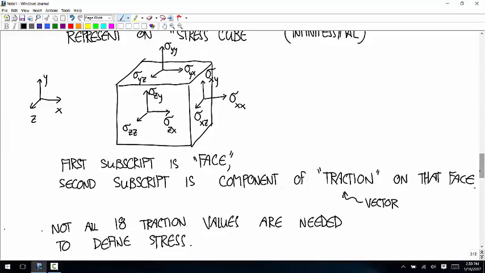To keep this thing from spinning, this value has to be equal to this value, and this value has to be equal to this value, and this value has to be equal to this value. If that was not the case, then this thing would spin, and there's no other way for it to work out.